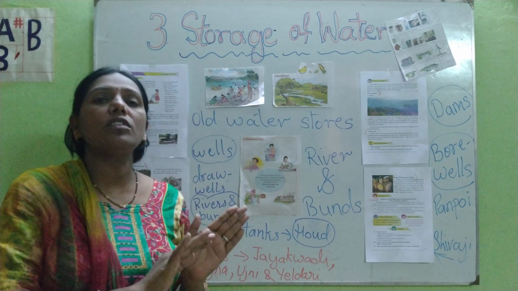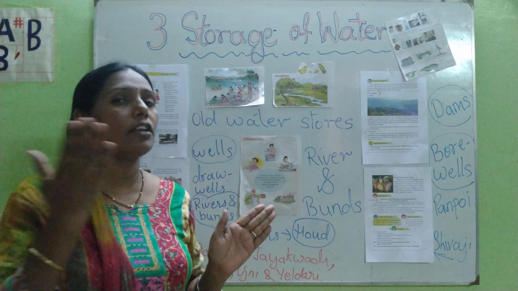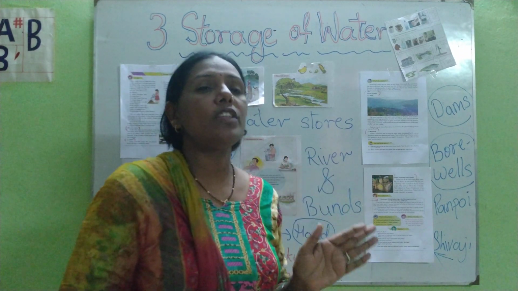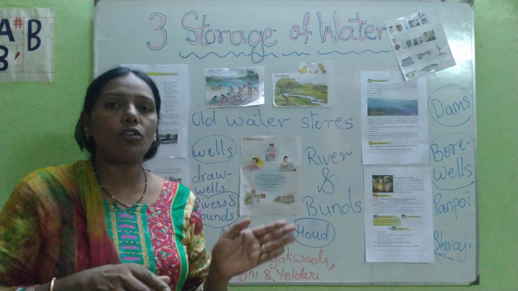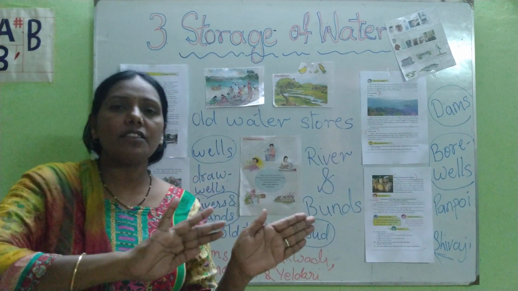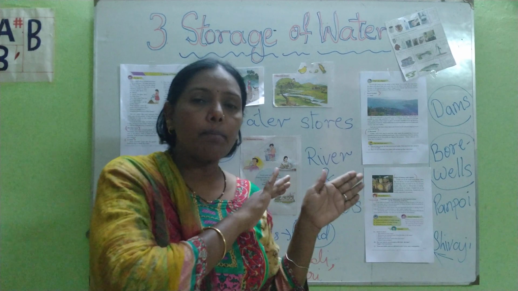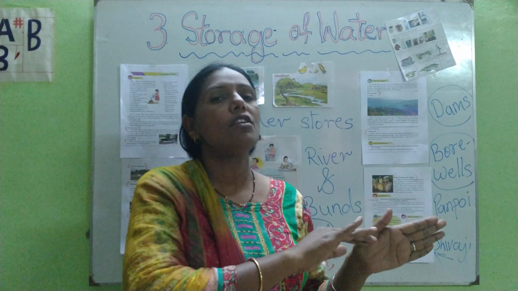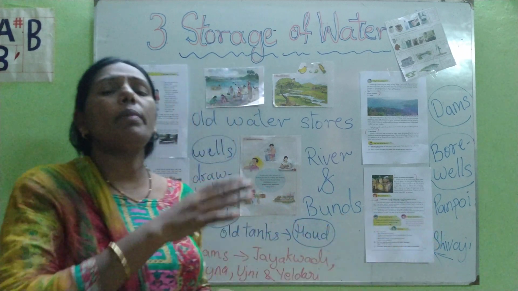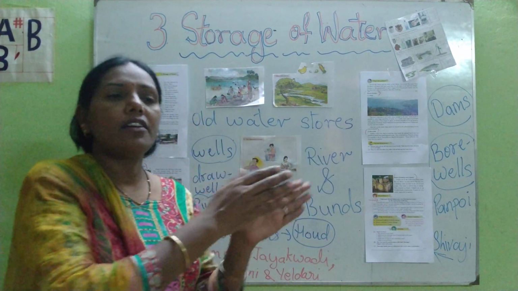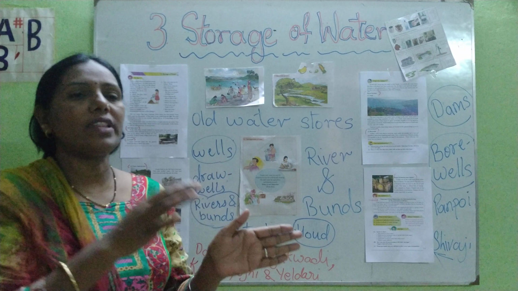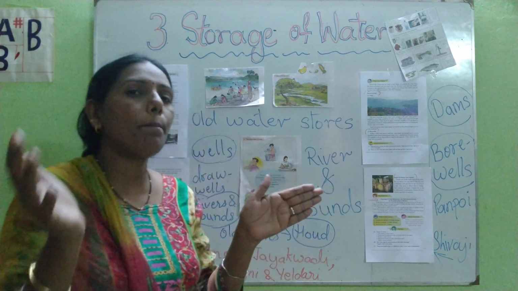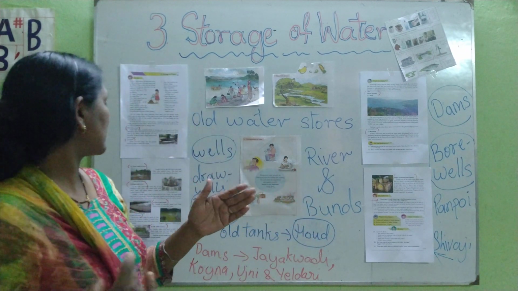So to keep the water safe, so that the people can use it throughout the year, they used to make a bund across the river. That bund used to stop the water so that it will be useful for the people for their purposes. So bunds were made on the rivers so that the water was stored for the people for their uses.